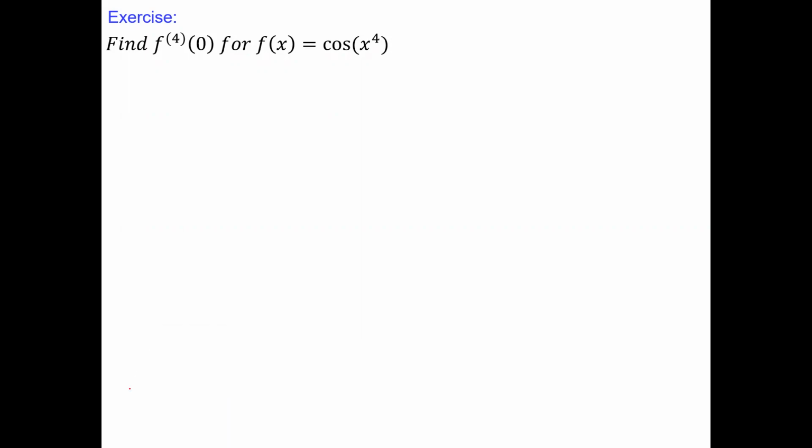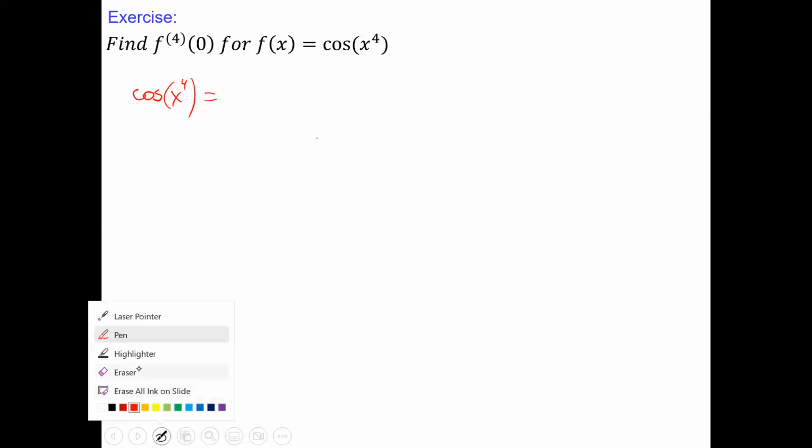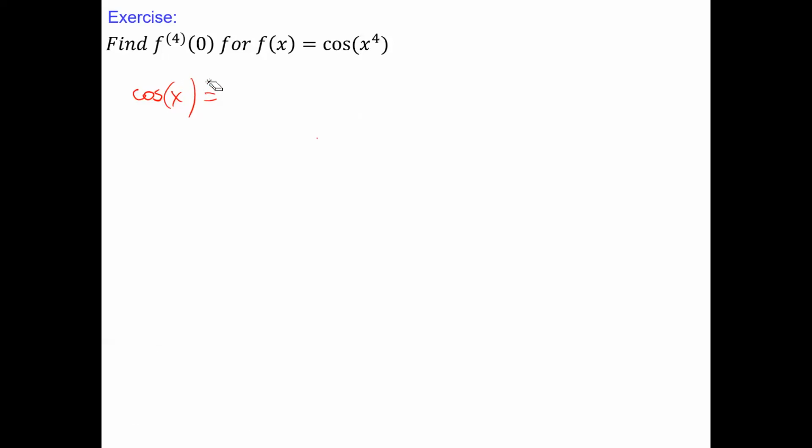This is the moment to rewrite the function cosine of x to the power of 4 using the Maclaurin series, a Maclaurin polynomial, because it's centered at 0. Let's start with cosine so we are not confused, and then we will put x to the power of 4.